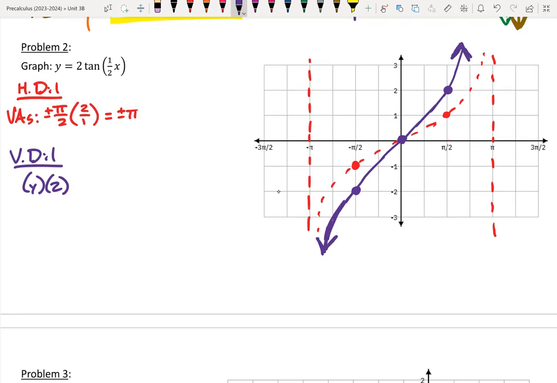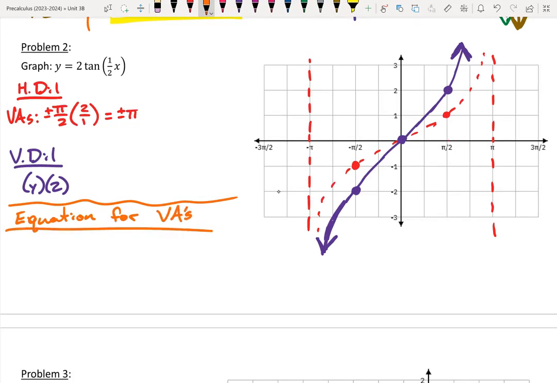Okay, let's see. Let's do that equation for VAs. All right, so we know we're setting it equal to pi over 2 plus pi n, n is an element of the set of integers. What am I going to set that equal to? Tyler? 1/2 x. So the inside, right?